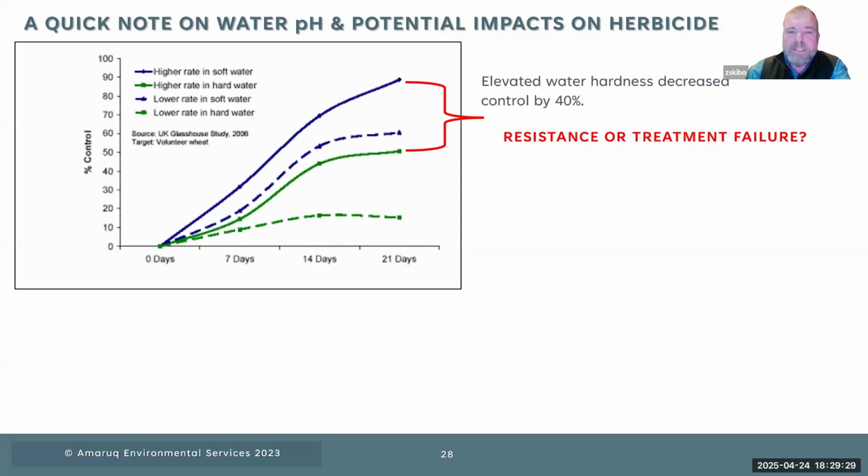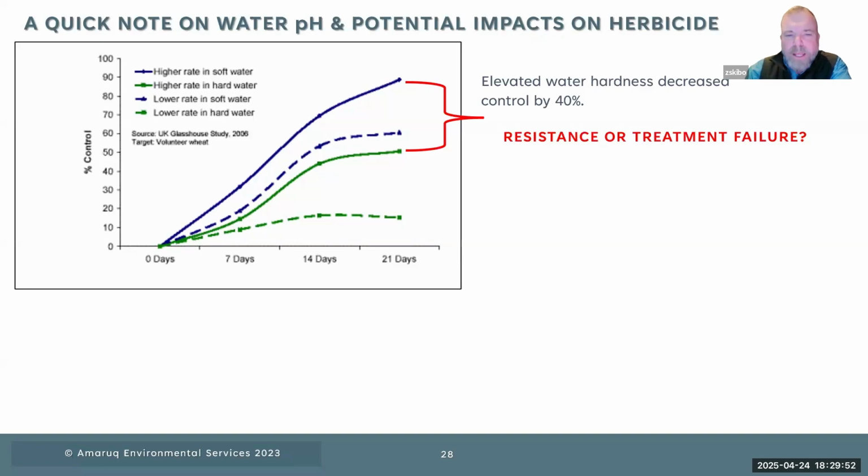At 14 days, we were about 70% control, and within 3 weeks, we were approaching 90% control. They took that same treatment, same target species, and put it into hard water in their spray tank. That is the green line. If you follow the green line across, you'll note that by 21 days, we had lost almost 40% control.